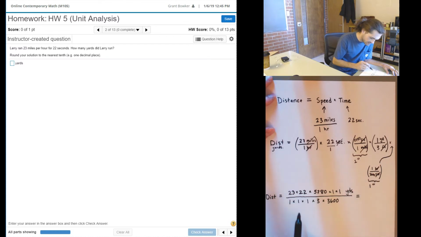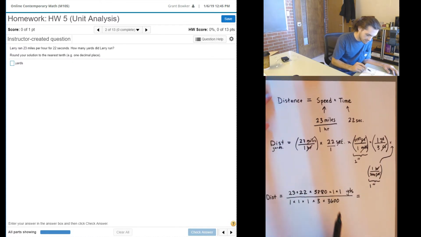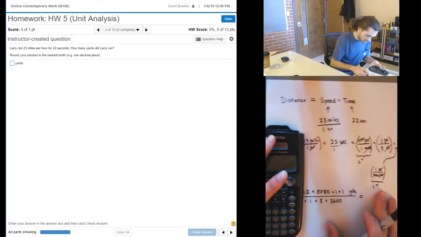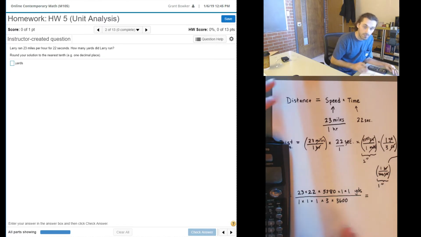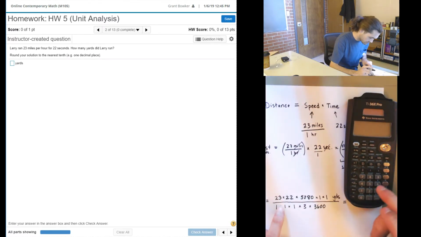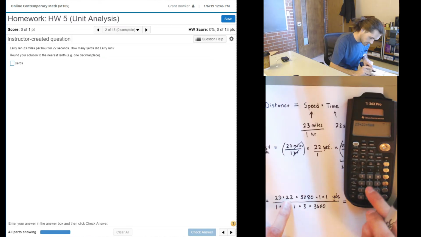Alright, now what is left is to multiply the numerator, multiply the denominator, and then do the division. So, let's see what we got going here. Try to get this in view for you. So we have 23 times 22 times 5280 times 1 times 1.